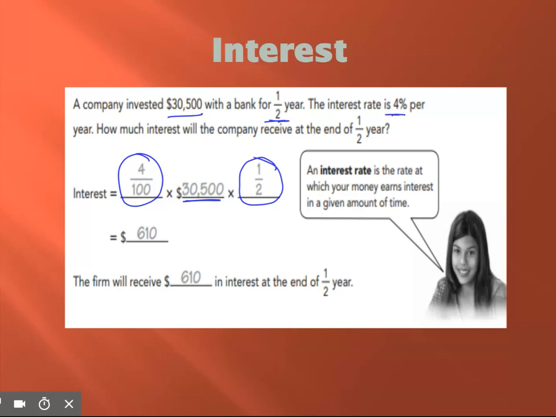So when doing the multiplication, 30,500 times 4 is 130,000, and then this time it's over 200. So you can cancel out zeros, but now you would have had to do 1,300 divided by 2.